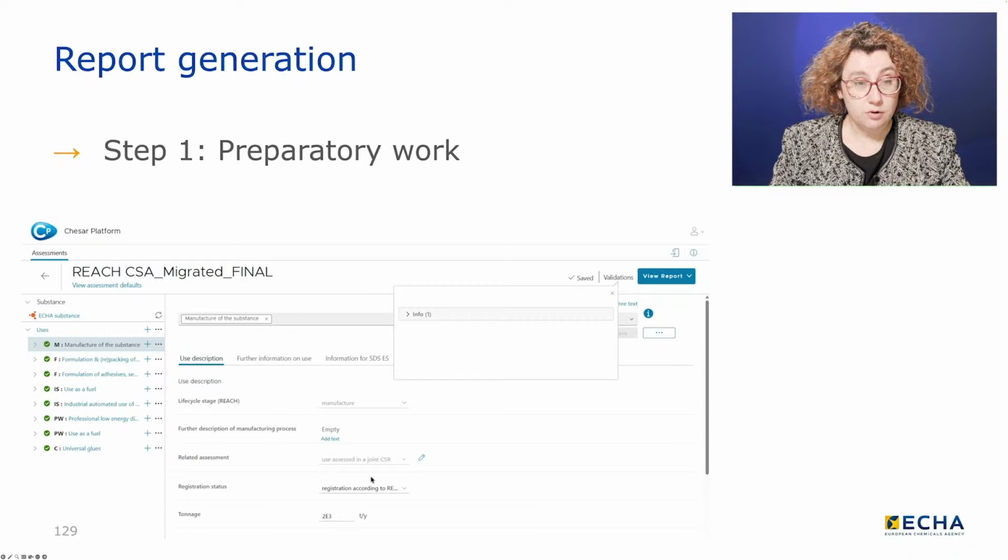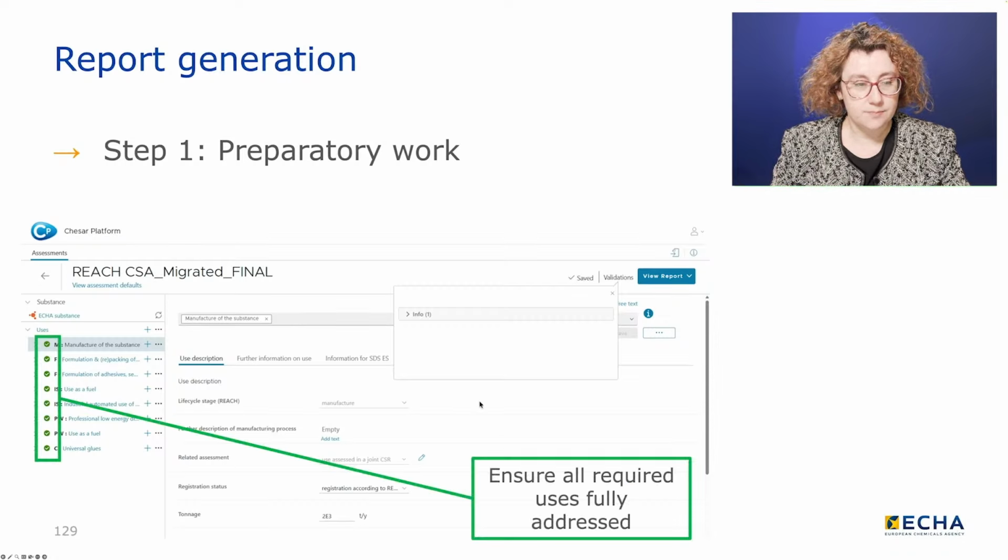So how do you do the report generation? In this example, I will take a REACH assessment, but it will be the same workflow for the biocides. First, you need some preparatory work, or at least to check a number of things. The first thing is really to check that you are covering all your uses, you have assessed them all, so that you can see here where you have the green ticks.